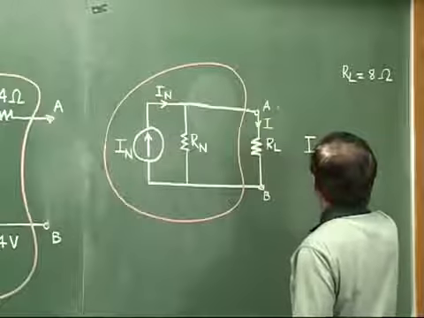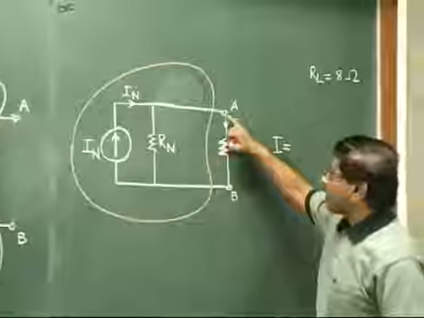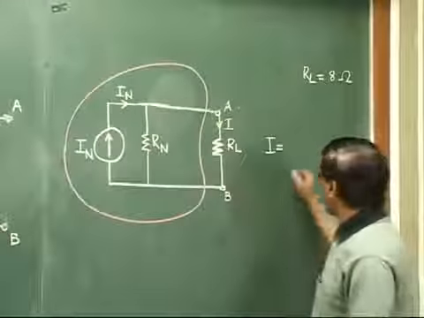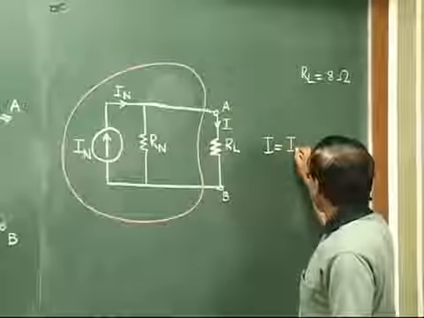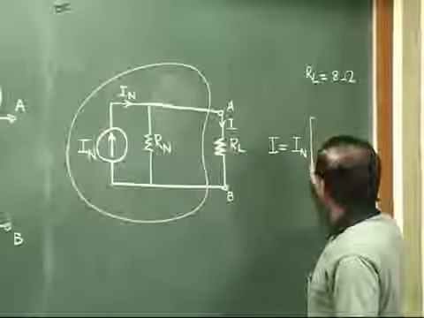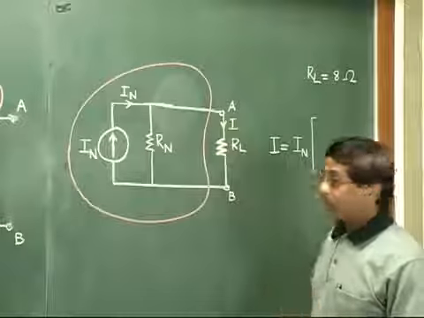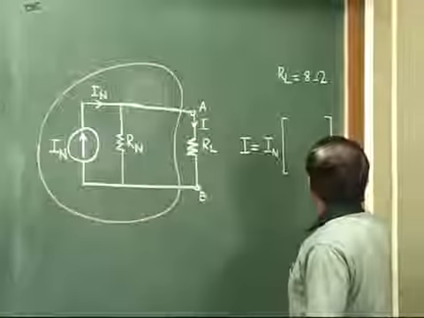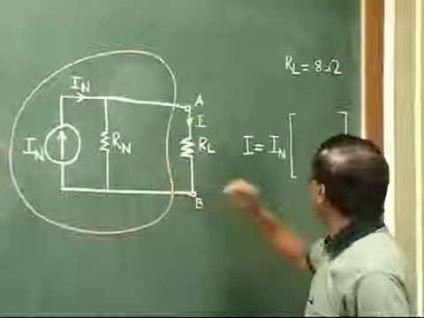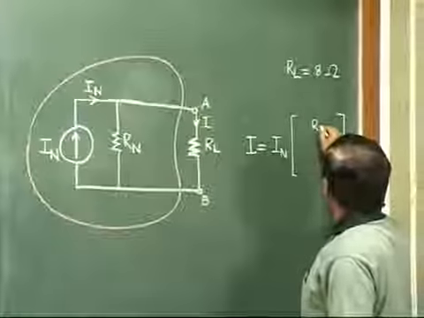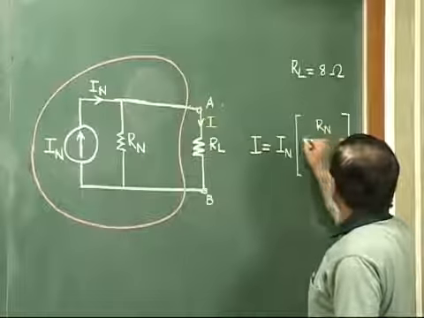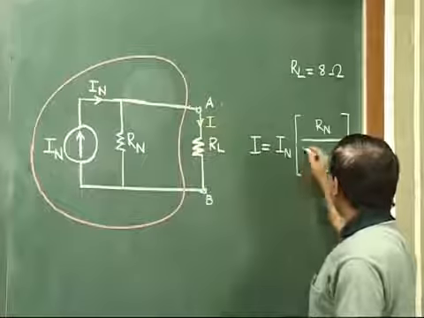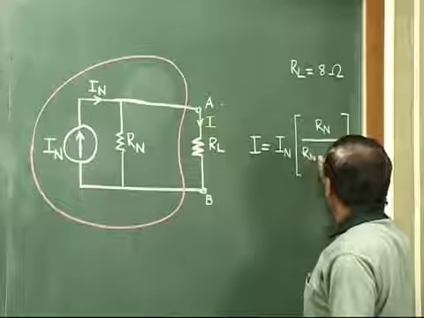A simple formula for current distribution. This current I flowing through load resistor would be the total current, which is IN, total current coming towards the parallel combination, then into bracket, in the numerator it will be RN, and in the denominator it will be the sum of the 2, that is RN plus RL.